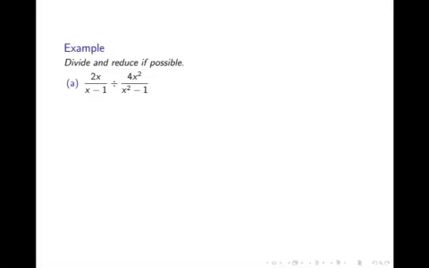2x over x minus 1, that one is not going to factor, but when we divide, we need to multiply by the reciprocal of the second fraction. So I'm going to go ahead and just take the reciprocal before I factor, and then I'll factor it.